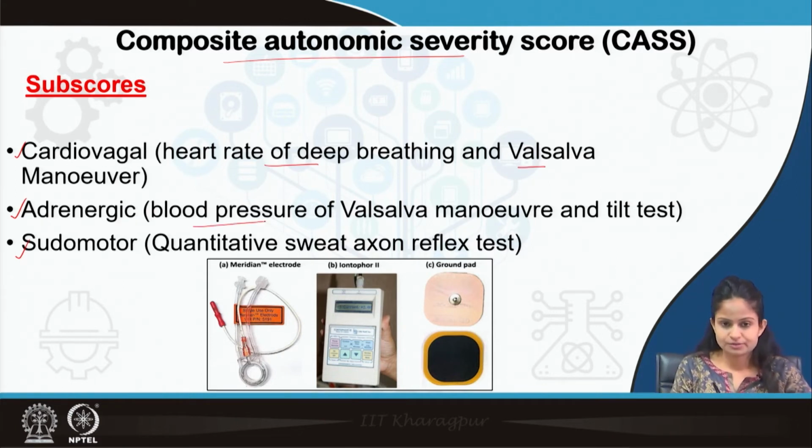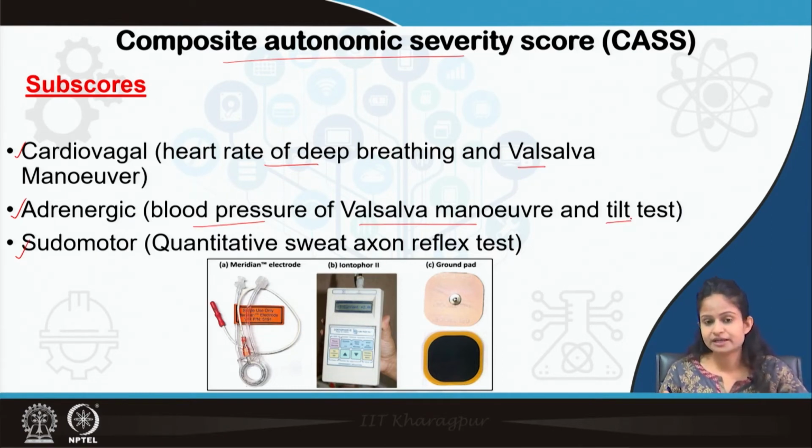Adrenergic is mainly the blood pressure changes in Valsalva maneuver and tilt test. And we check the pseudomotor test, that is the QSART or quantitative sudomotor axon reflex test. So, the sub scores are cardiovagal, adrenergic and pseudomotor.